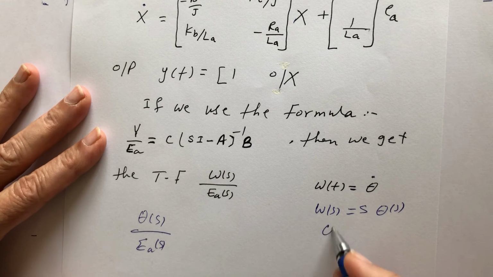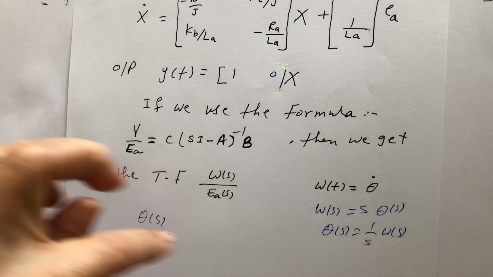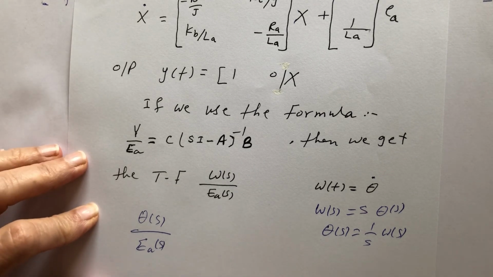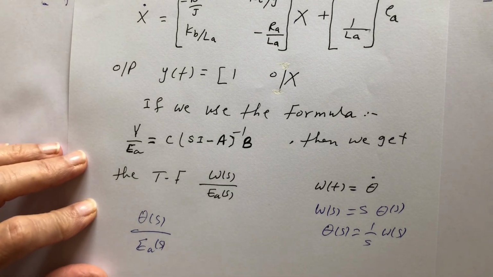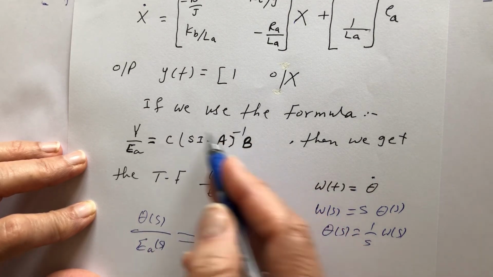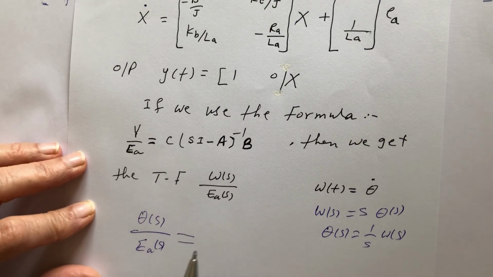So theta of s equals 1 over s times omega of s. So I just multiply the transfer function which I get from here by 1 over s, and I get this one. So theta of s over EA of s, I can get it by this substitution. After you use this formula, you'll get this one.